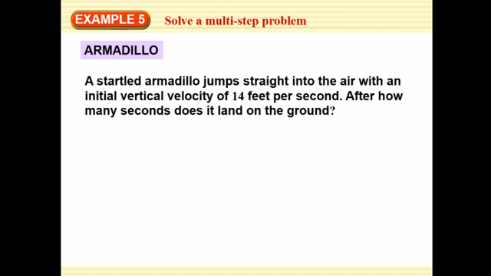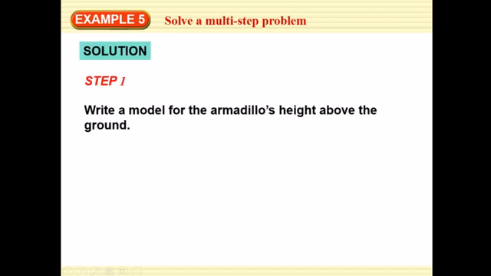A startled armadillo jumps straight into the air with an initial vertical velocity of 14 feet per second. After how many seconds does it land on the ground? So write a model for the armadillo's height. So that means I'm using that equation. h equals negative 16t squared plus v times t plus s.